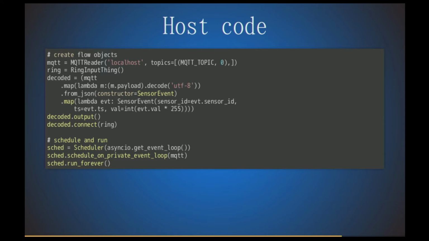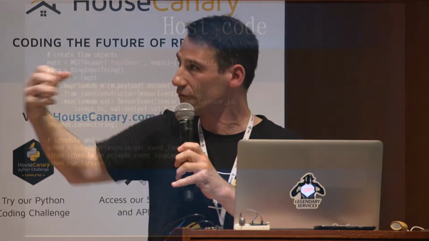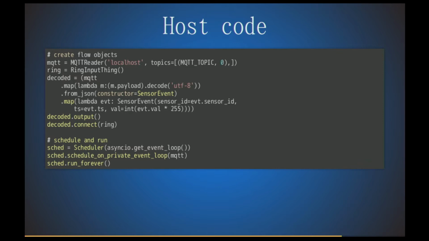framework. And it's very interesting how the Themis Flow framework works, because you send some output objects, output things, and you can create, with some sort of functional programming, basically methods that cascade one into the other. So decode the signal, convert it into JSON, from JSON to a Python object, and now you have an actual event.